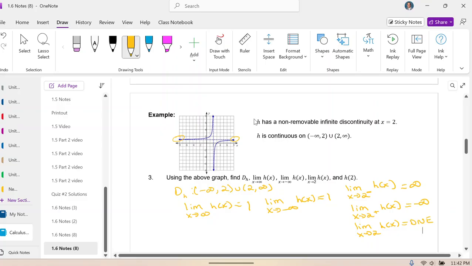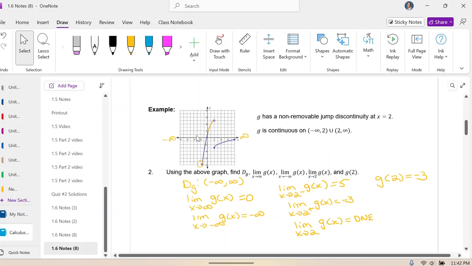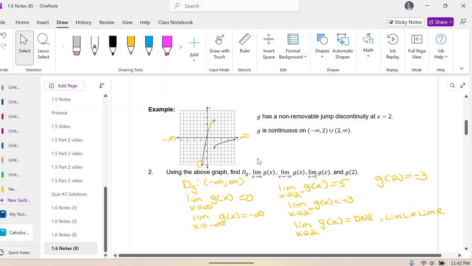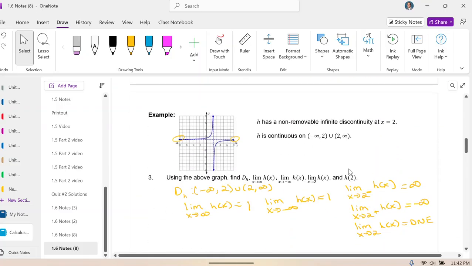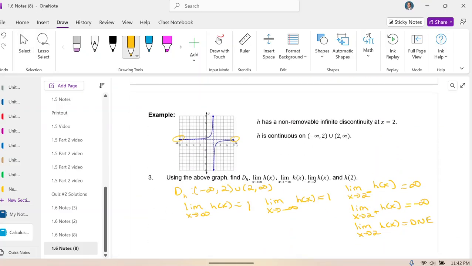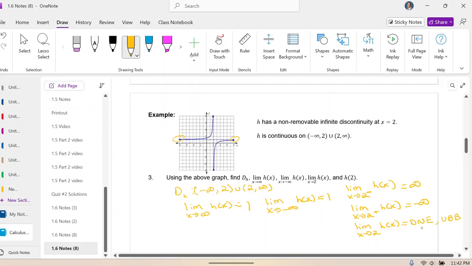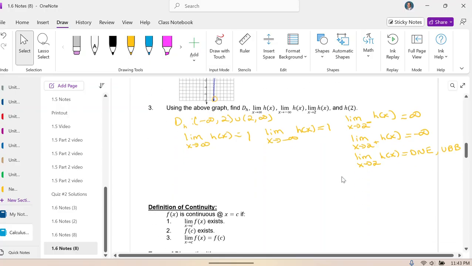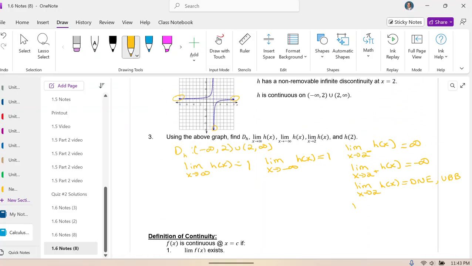Now, here, if you notice, the reason that the limit did not exist is because the limit from the left does not equal the limit from the right. Right? Here, the reason the limit doesn't exist is because on the left and right, there's what's called unbounded behavior. That's what UBB stands for, because it goes either to infinity or negative infinity. So that means there is no limit. H of 2 is undefined.